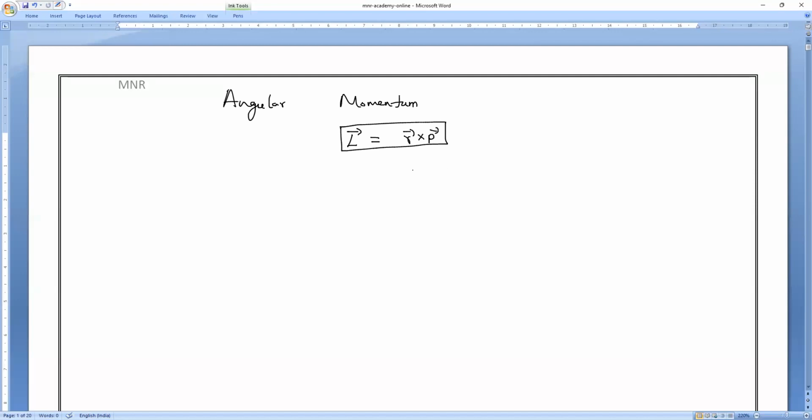For a point mass, the angular momentum is always m into v into r perpendicular. Am I right or wrong? So r perpendicular only, which we used to call r sin theta. Yes or no, guys? Please respond.